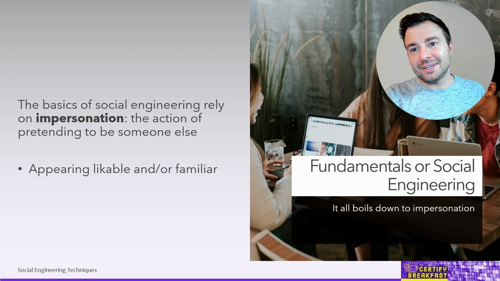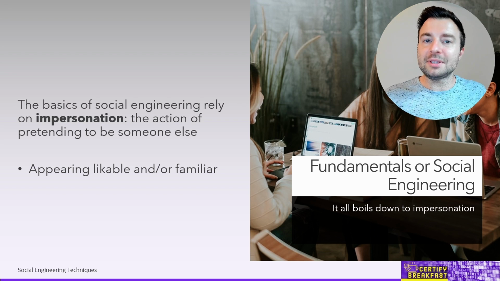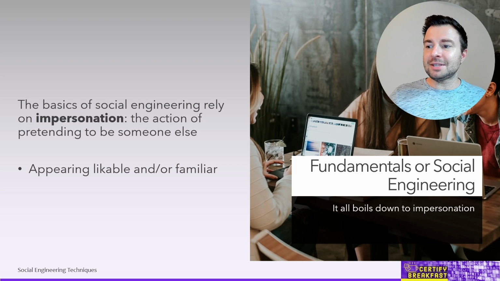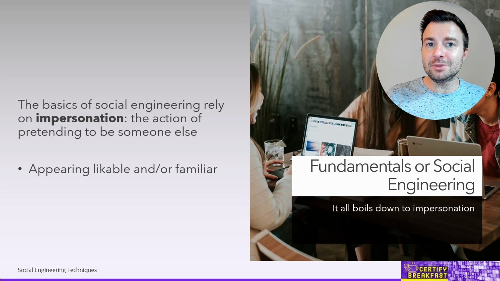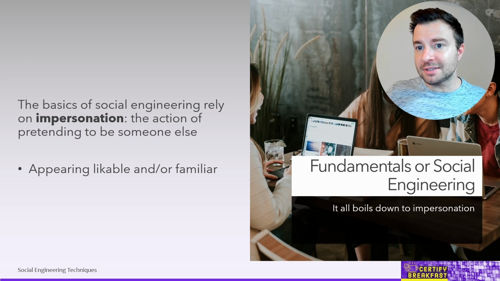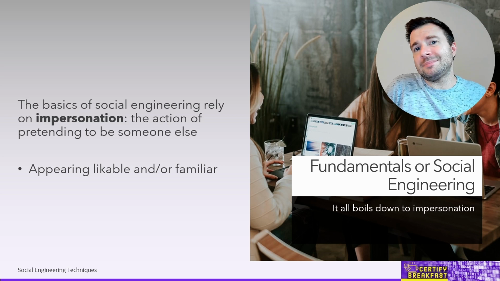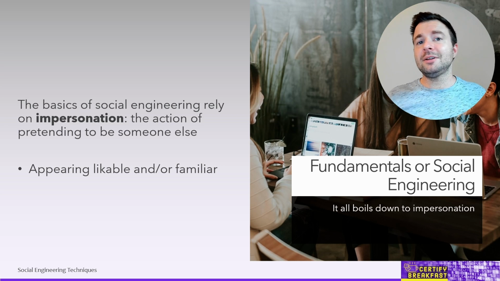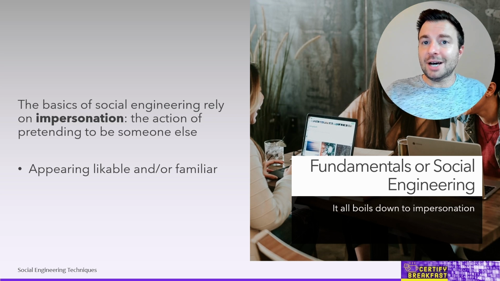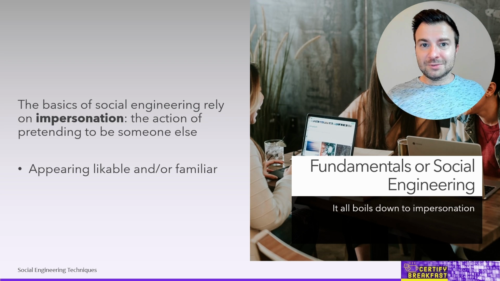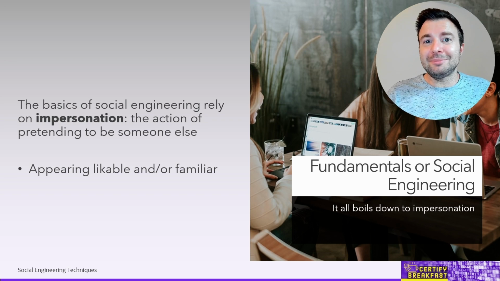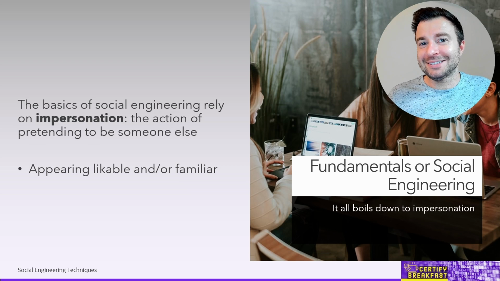And the danger of this is that there's almost no risk to it. If the person that you're targeting doesn't want to help you, it's not going to be a security incident. It's simply going to be I'm sorry, I cannot help you right now, or the company policy doesn't allow me to do this, but you're not going to be flagged as an attacker. So you can try a different person. You can try somebody else in the next minute.